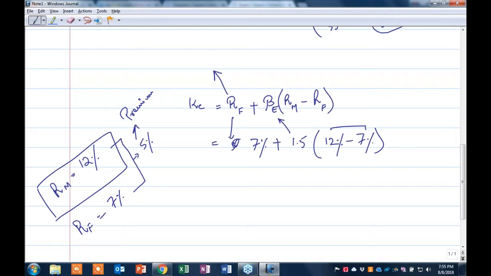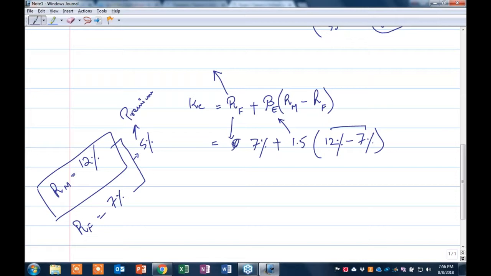Or in other words, when the average market prices go up by 10%, this company's price goes up by 15%, that is 1.5 times. And whenever the average market prices go down by 10%, this company's share price is expected to go down by 15%, 1.5 times.